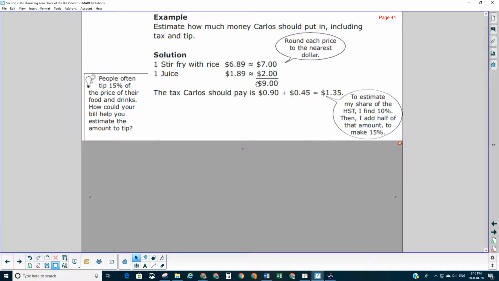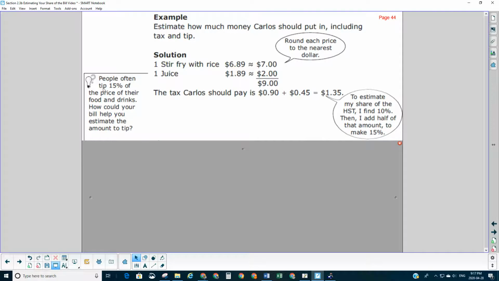All right, so that means Carlos's share of the bill is about $9, plus he pays about $1.35 in tax. But wait, we have to talk about his tip. Well, remember, we said 15% is a good tip. Well, we just calculated and estimated HST was 15%.